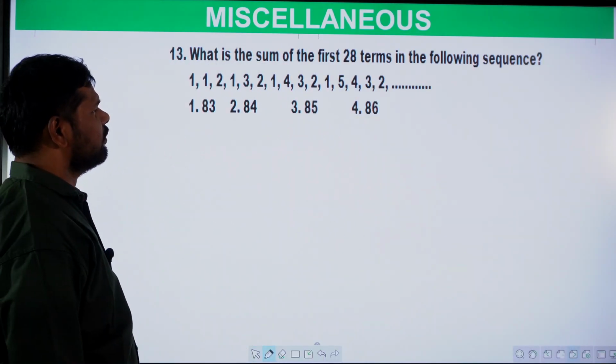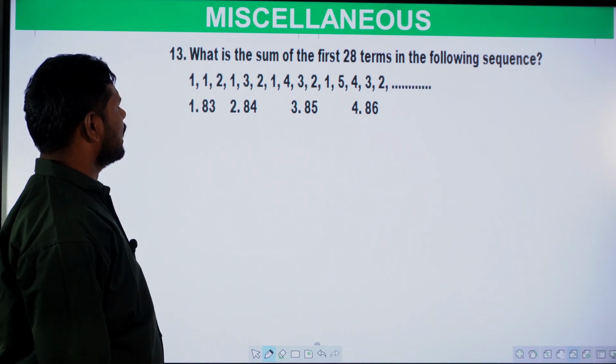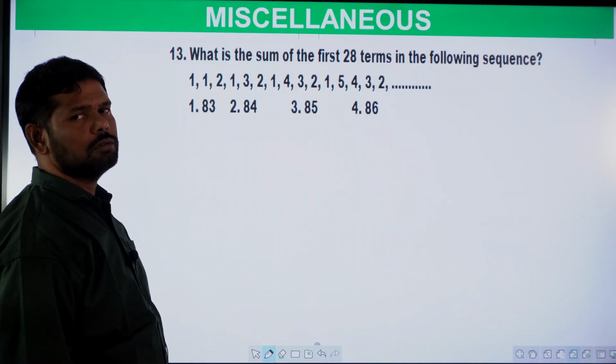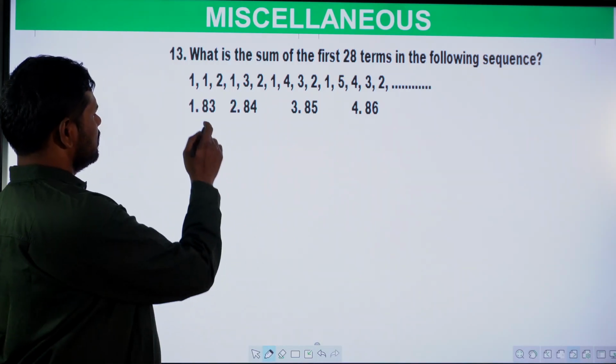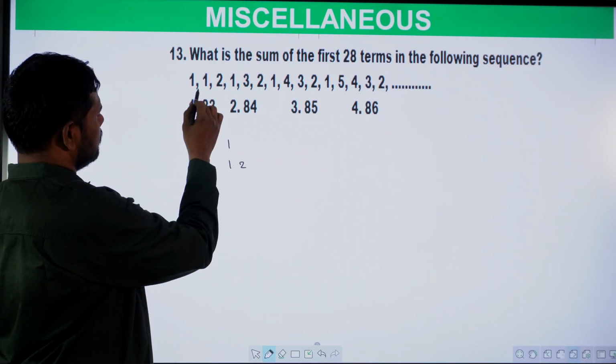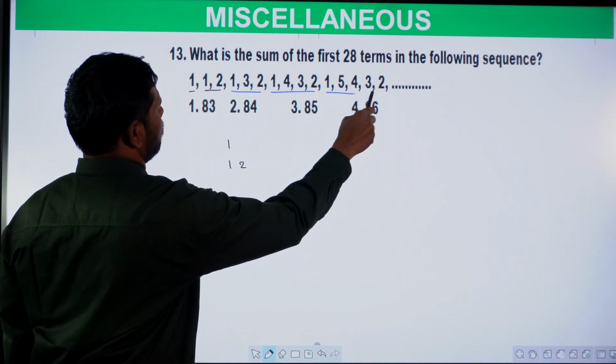What is the sum of the first 28 terms in the following sequence? 1, 1, 2, 1, 3, 2, 1, 4, 3, 2, 1, 5, 4, 3, 2 and so on. Just the first 1 is there. Then 1, 2. Then 1, 3, 2. Then 1, 4, 3, 2.